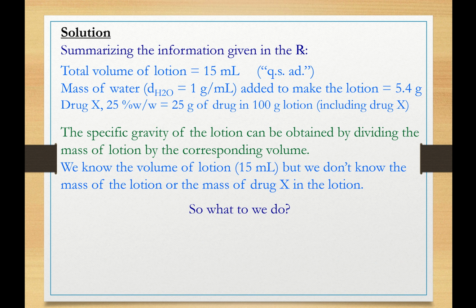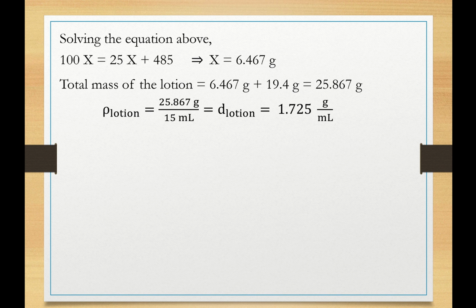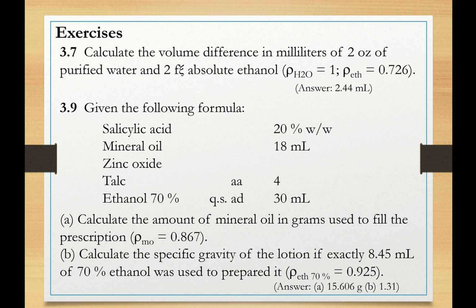Here I've included the solution for you to read at your own time. No rush. And I have also included 2 practice exercises as homework. So question 3.7 is asking you to calculate the volume difference in milliliters of 2 ounces. So that's a unit for solids, so that would be 2 times 28.35 grams.